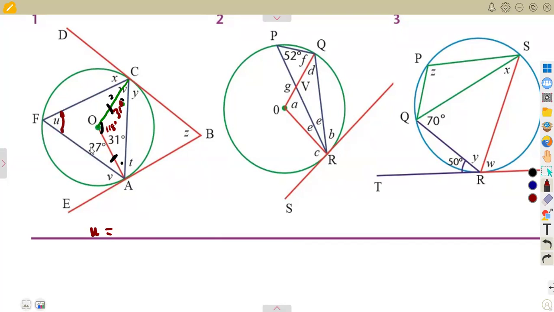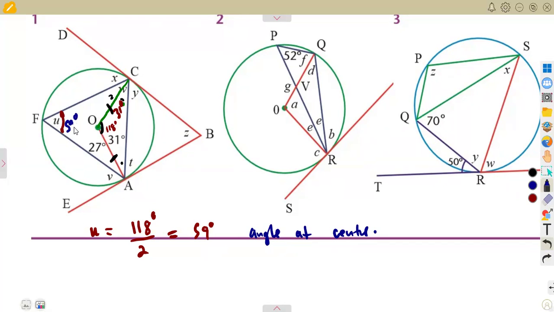So U is the angle at the circumference, so it's going to be 118 degrees divided by 2, which is 59 degrees. This is from the angle at the center concept; the angle at the circumference is half of that at the center. So this is 59 degrees.